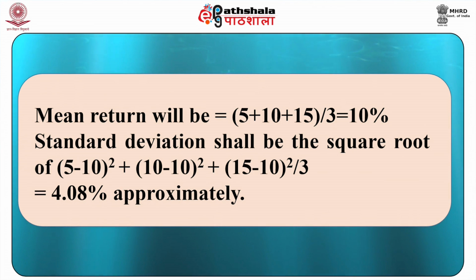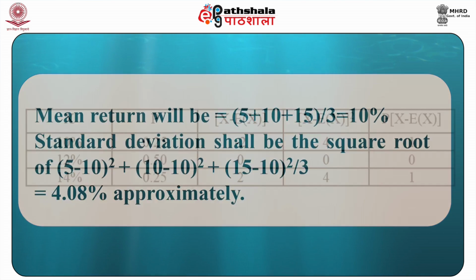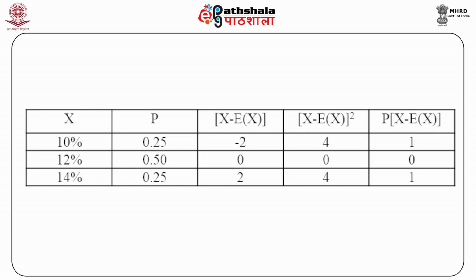Standard deviation shall be the square root of (5 minus 10) squared plus (10 minus 10) squared plus (15 minus 10) squared, divided by 3, which will be equal to 4.08% approximately. Taking another example where the returns are given together with the probabilities in this table, here the standard deviation will be equal to 1.41%.